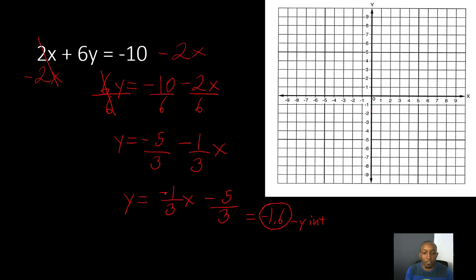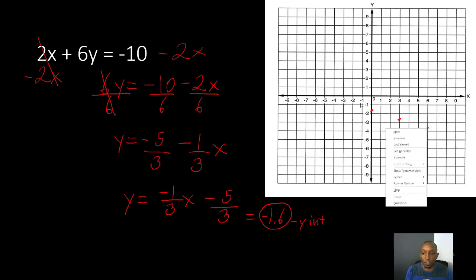And then here's our rise and run, so that's going to be -1/3. So that means we're going down 1, over 3. Down 1 over 3, we're looking at about right here. Down 1 over 3, about right here.